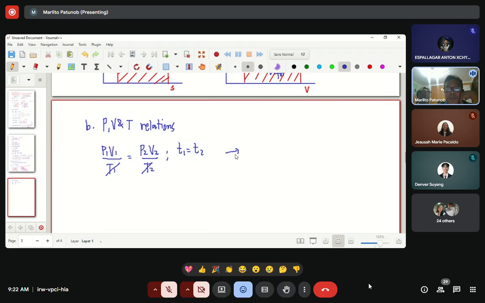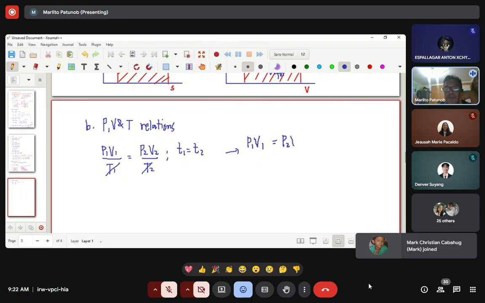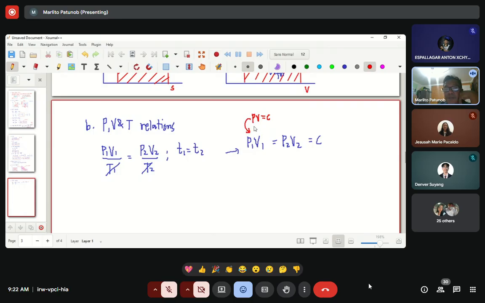So the equation is P1V1 = P2V2, which is constant, no? So PV is constant.